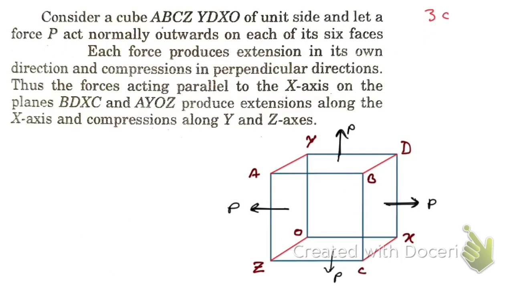So here is the answer to 3C. Now here you see we have considered this cube, and its volume is 1 cubic unit, or 1 unit cube, right, so its length, breadth and height is 1.